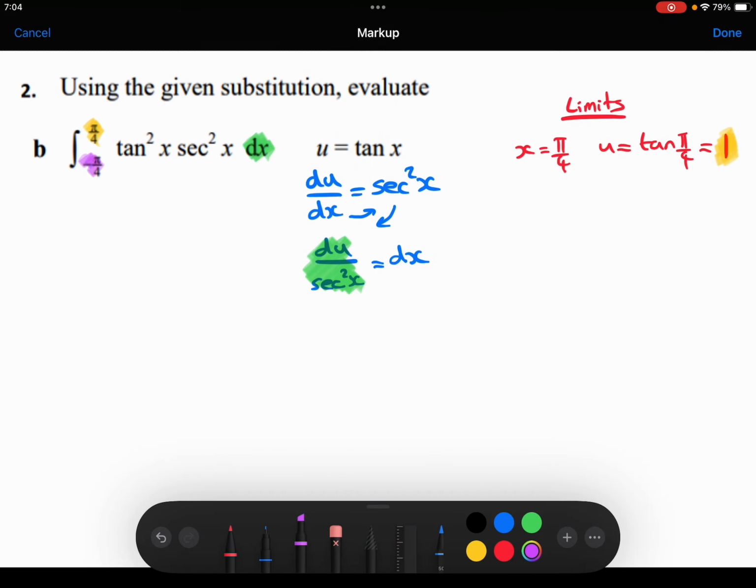What about the lower limit? That was when x was minus pi over 4. So let's substitute that into my u function to get tan of minus pi over 4. And that gives me minus 1. So my lower limit is going to be minus 1.